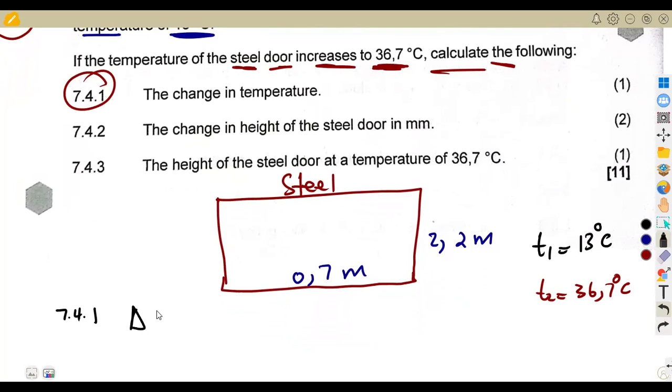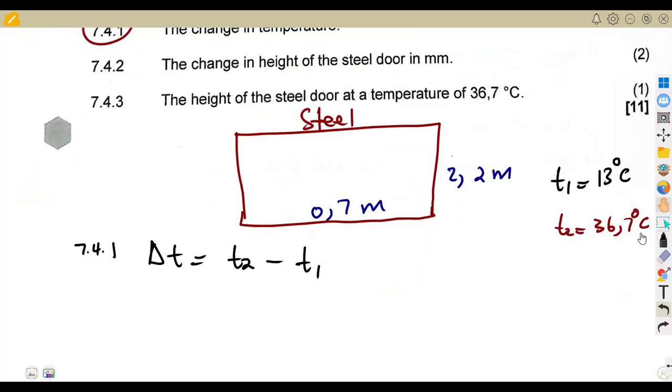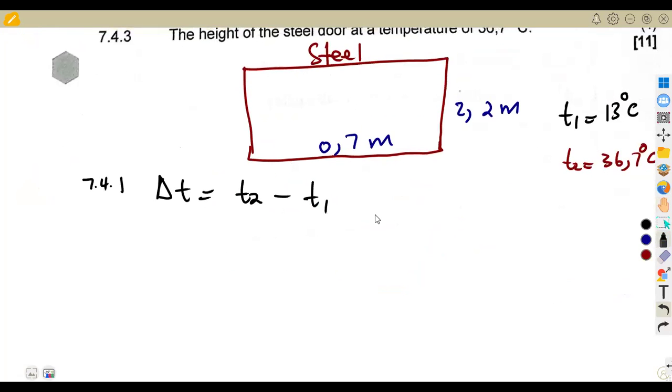So the change in temperature is simply T2 minus T1. Final minus initial. Final temperature minus the initial temperature. That's it. So this one is just a straightforward question. That's T2, which is 36.7, minus T1, which is 13 degrees Celsius. So our temperature change is going to be given as 23.7 degrees Celsius, right?